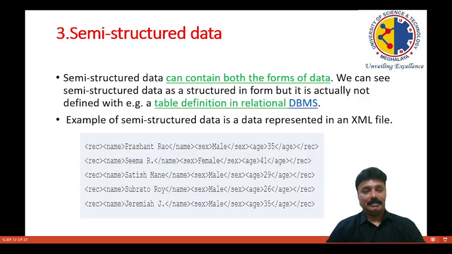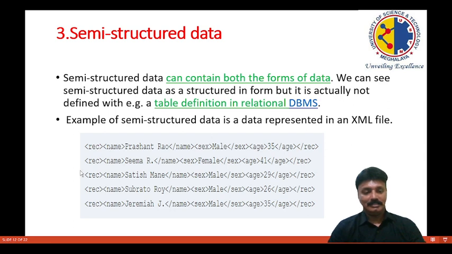Semi-structured data is the third type. It can contain both forms of data. It is structured in form, but it is not defined like a table definition in a relational database management system. In this example, semi-structured data is represented in an XML file. We can see the name, then the sex, mentioned as male, and age, mentioned as 35.